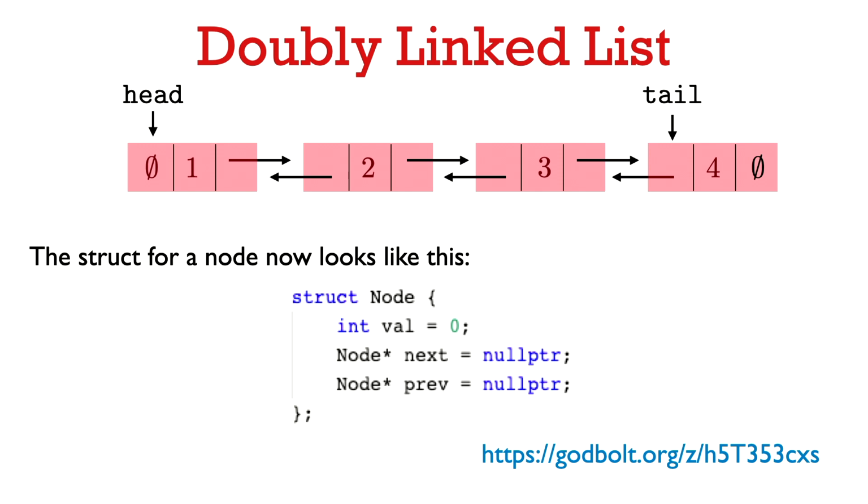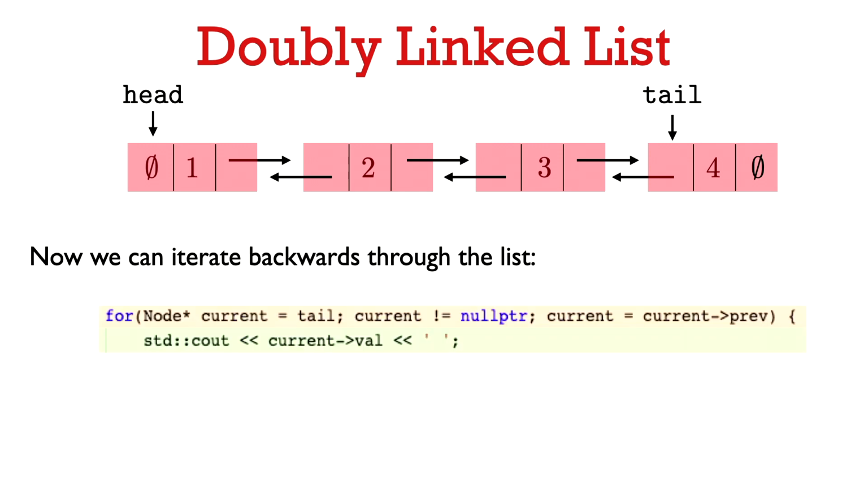So here's what our struct looks like now. And we also have pointers to the head and the tail of the list. And note that the previous pointer of the node at the head of the list is the null pointer, and the next pointer of the node at the end of the list is also the null pointer.